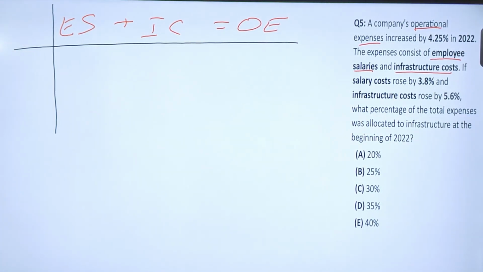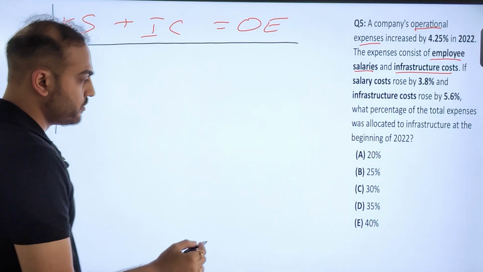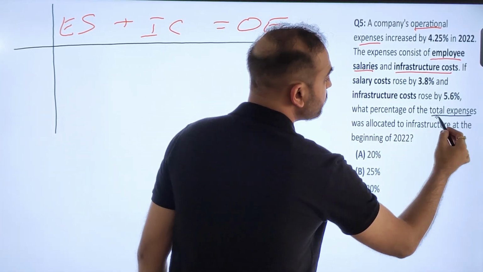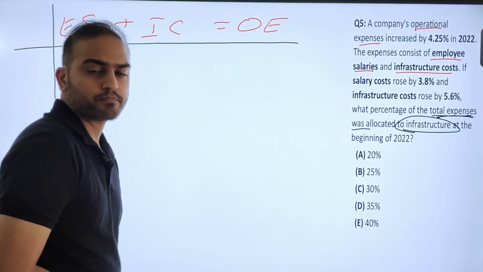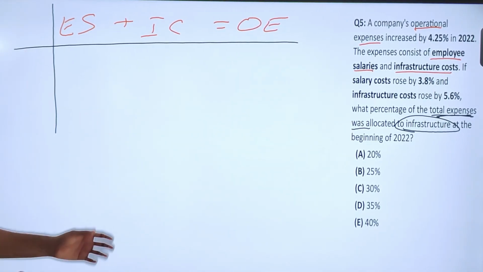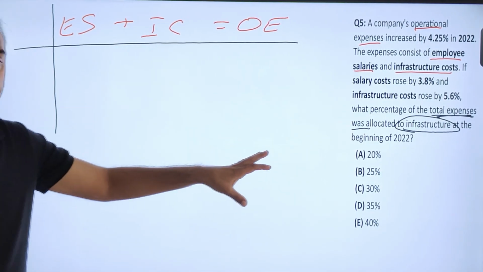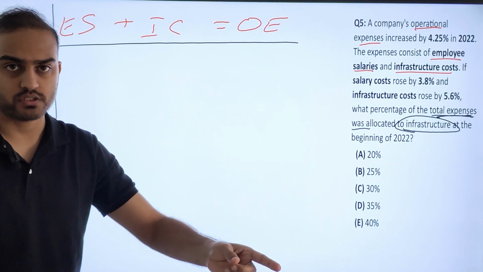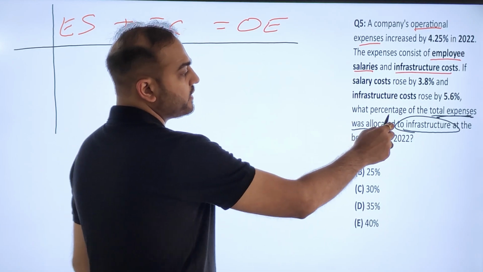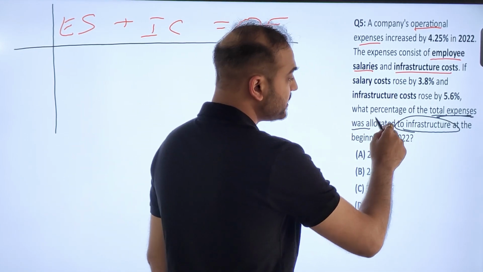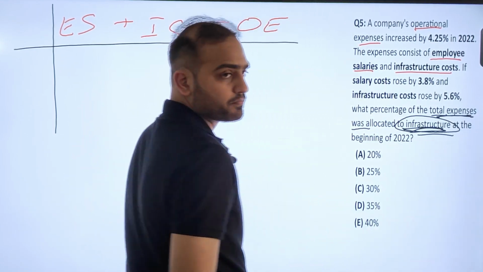Again, we focus on the quantity. Now, if you see, the question says what percent of total expenses was allocated to infrastructure. Now they have asked quantity but in terms of percentage. They are asking total expenses percentage allocated to infrastructure.